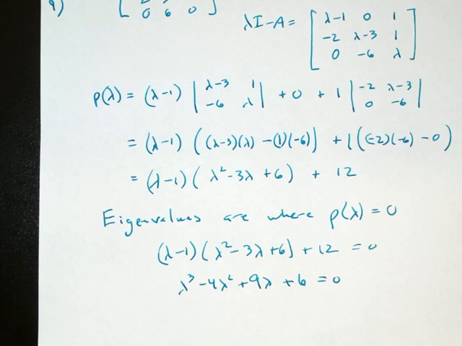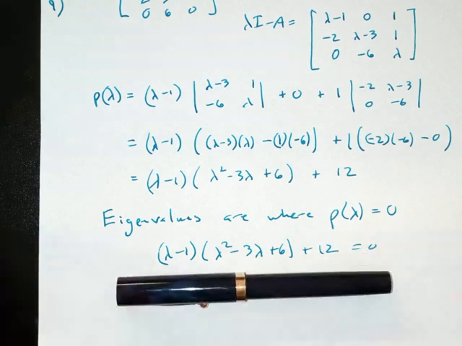So if I'm here, how can I figure out where that is 0? If you subtract 12 from both sides, you find out the left half is equal to -12.